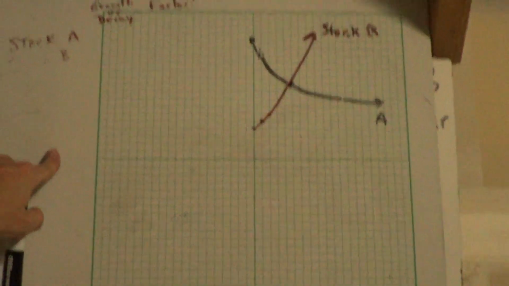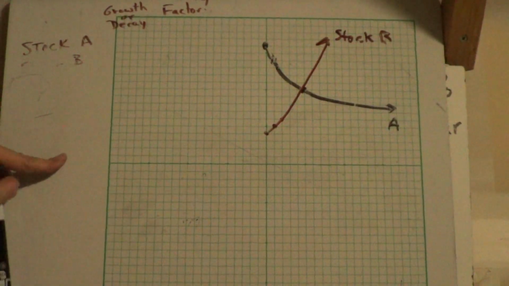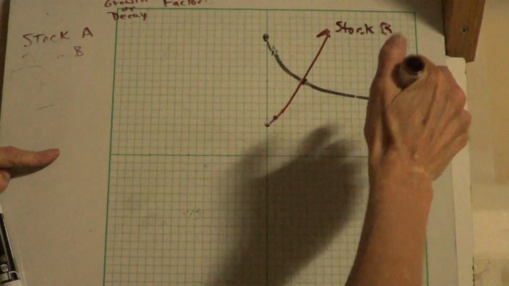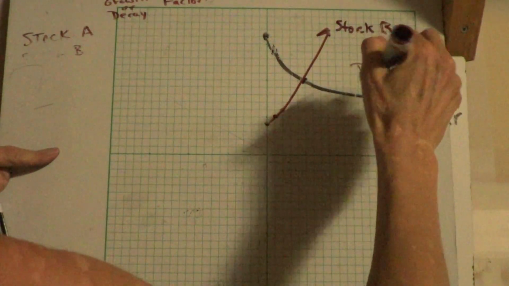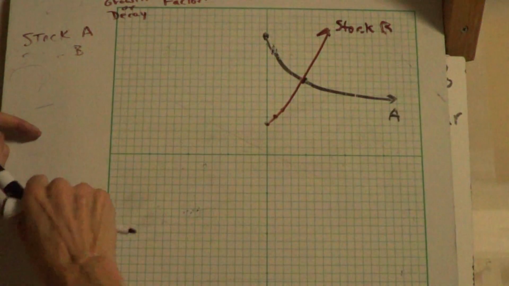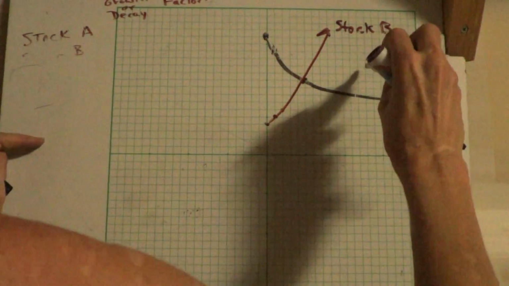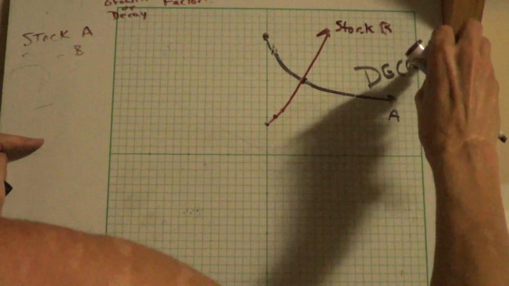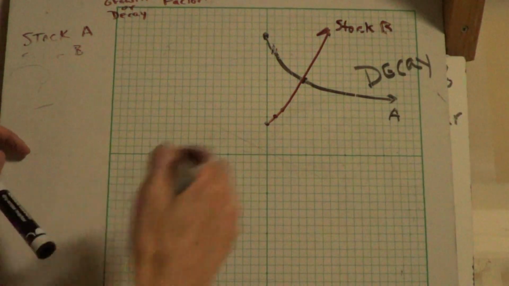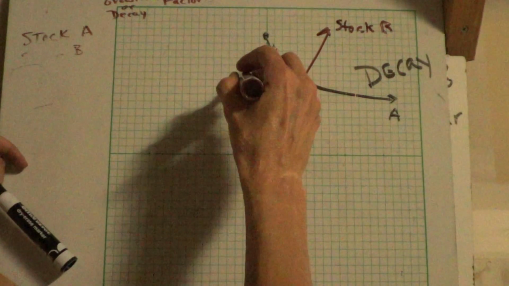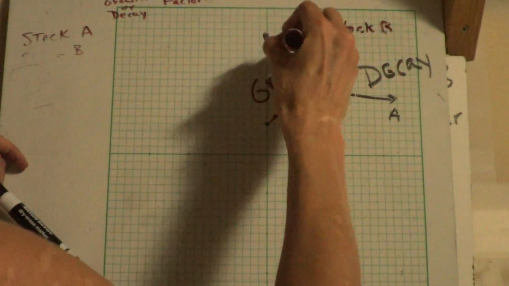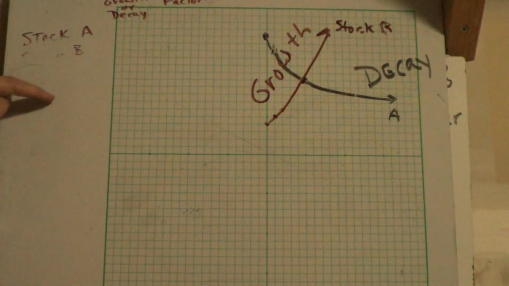Okay, so this is stock A. It's decaying because it's going down as you go to the right. Stock B is growing, or it's a growth value. Okay?